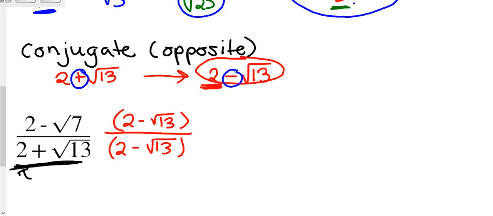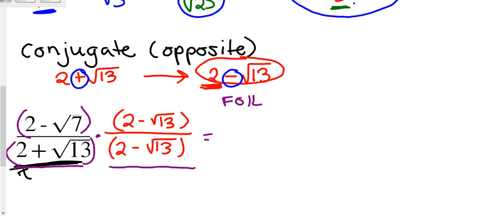So now what you have to be careful about is you have two terms and two terms. When you are multiplying these, you have 4 terms that you're multiplying, 2 binomials, which means you need to FOIL. So we have 2 times 2 on the top is 4. 2 times negative square root of 13 is negative 2 square root of 13.